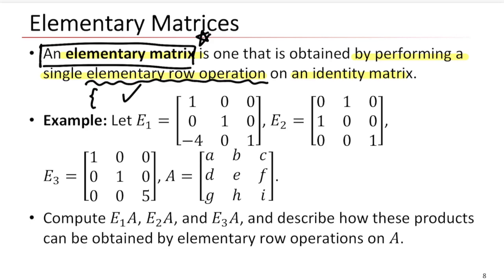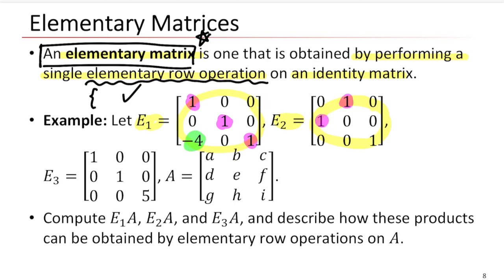Here are three matrices. Actually, these are examples of the elementary matrix. E1 looks like this. There are 1 values on the diagonal with negative 4 here. Another matrix E2 is something like this.